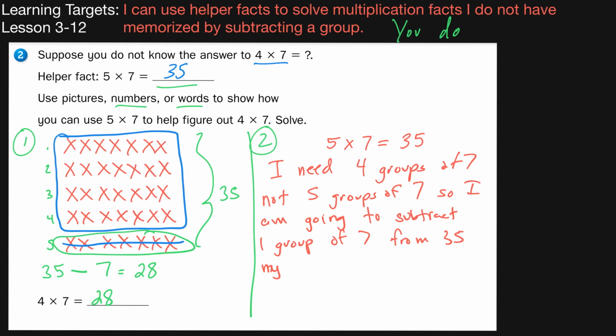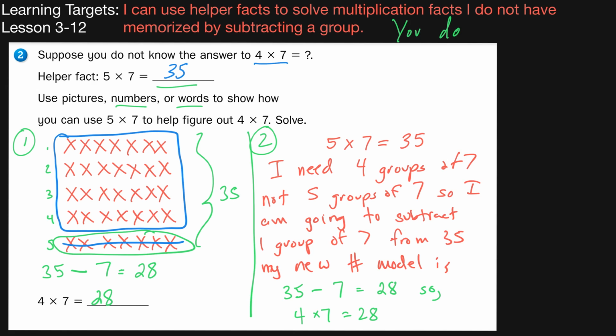My new number model will be, I'm going to write this in a new color so it stands out. 35 minus 7 equals 28. This is the key part. So, getting back to our original fact, 4 times 7 equals 28.